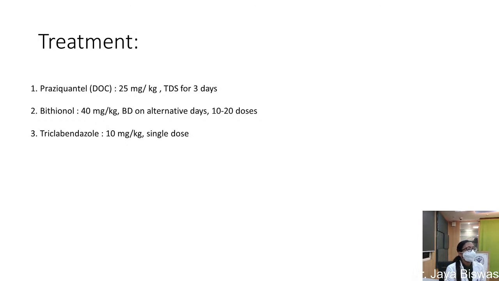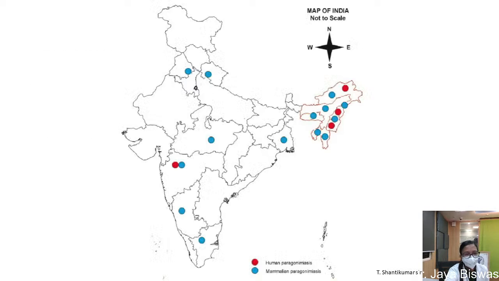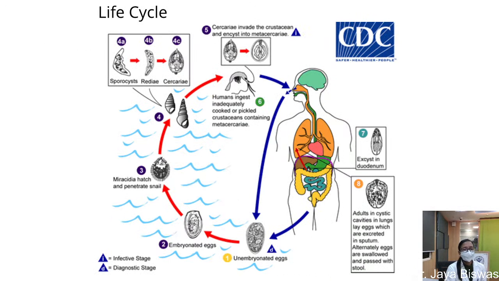What is the life cycle of Paragonimus which you have shown? Life cycle of Paragonimus is first the human is infected with metacercarial larva when he eats cooked or pickled crustacean containing metacercaria.